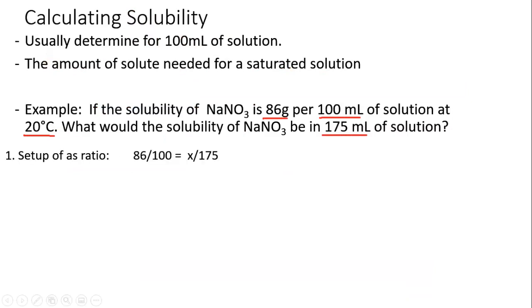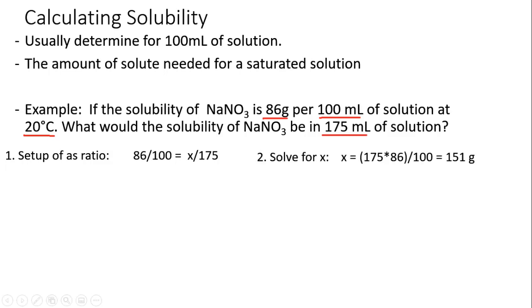So first thing we do is we set it up as a ratio. So 86 over 100 equals X over 175. And when you solve for X, that'll tell you the solubility of sodium nitrate in 175 milliliters of solution. Since 100 milliliters has 86 grams of solute, 175 will be more than 86.